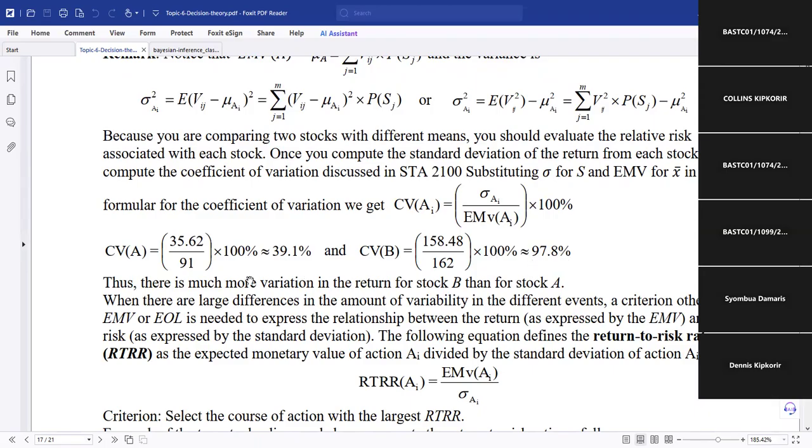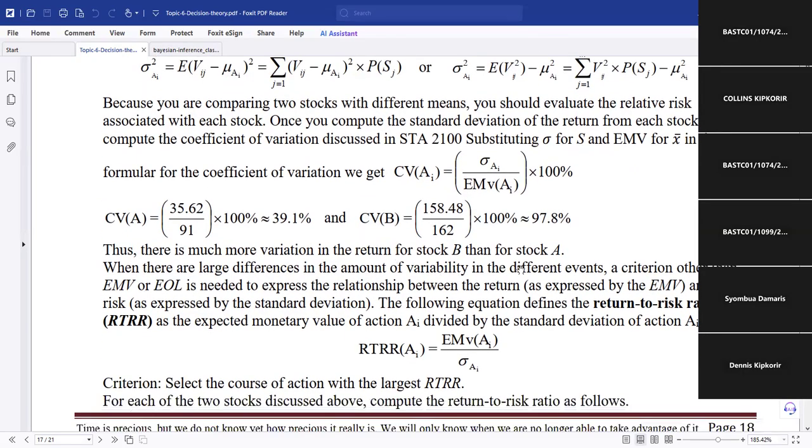Therefore, we can see that there is much more variation in the return for stock B than for stock A. And when there are large differences in the amount of variability in the different events, the criterion under the EMV or the EOL needs to express the relationship between the return as expressed by the EMV and the risk as expressed by the standard deviation.